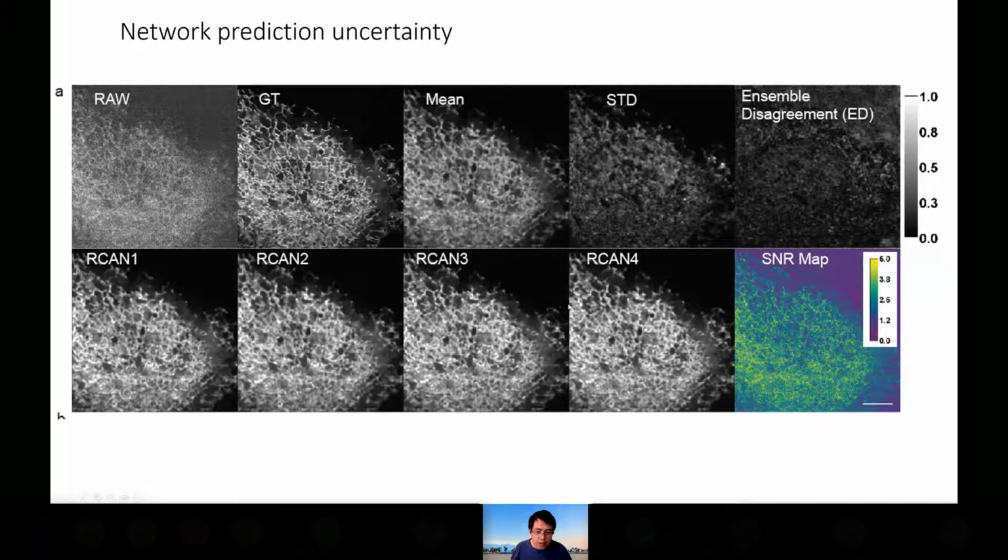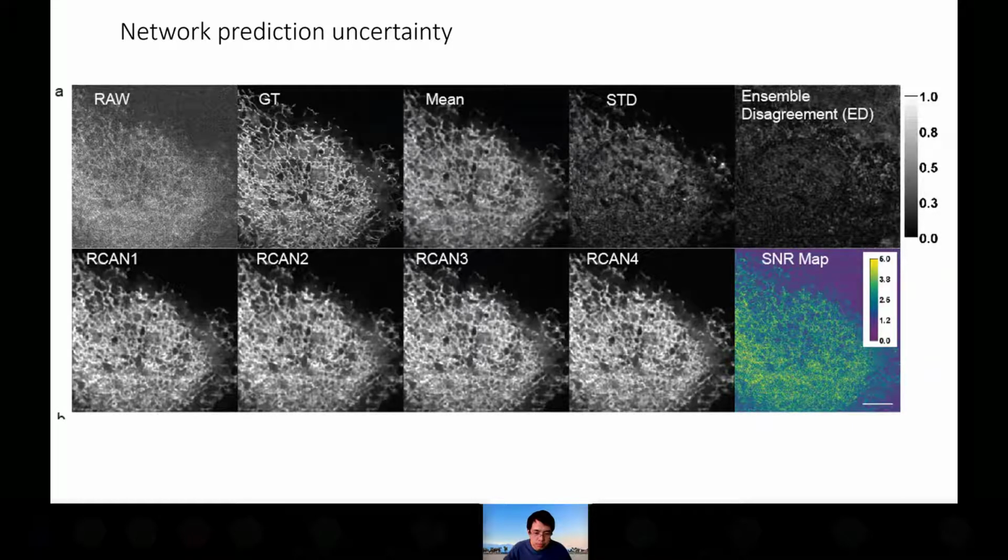Then we can calculate the mean of those 4 predictions, as well as a standard deviation, and we can also calculate the ensemble discriminant. However, in practice, we found that the mean, standard deviation, and ensemble discriminant do not give us very rich information to predict the regions where the RCAN prediction does not match the ground truth.